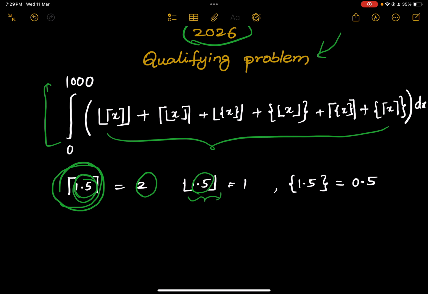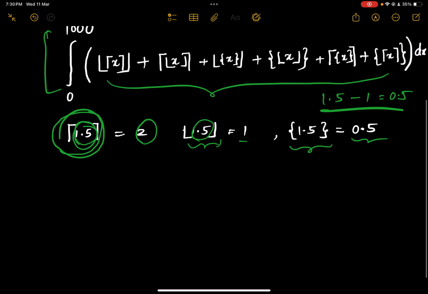So floor of 1.5 is 1, and this is your fractional part function. So you have to take the fractional part here. You will take the given number and subtract the integral part of that number, and then you will get the fractional part. I know that you all know this, but just for the sake of defining the question, I'm mentioning all these things in the beginning.